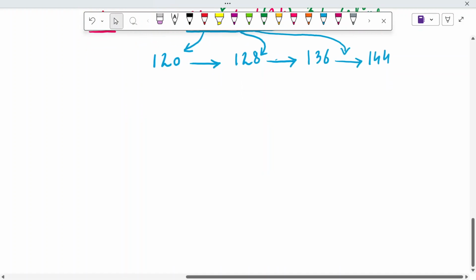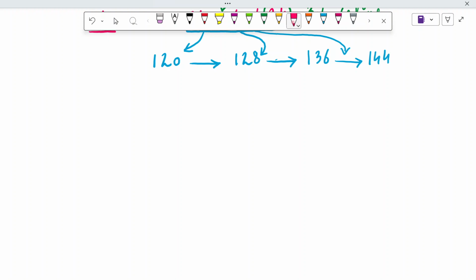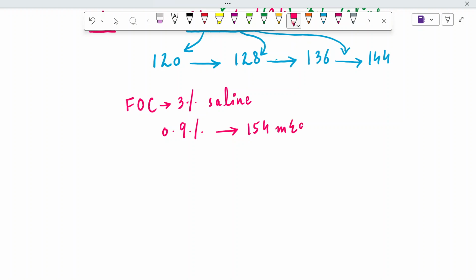Let's talk about a little bit more information. I have told you that the fluid of choice is 3% saline. It's the fluid of choice to treat hyponatremic conditions, right? 0.9% saline contains 154 milliequivalents of sodium.